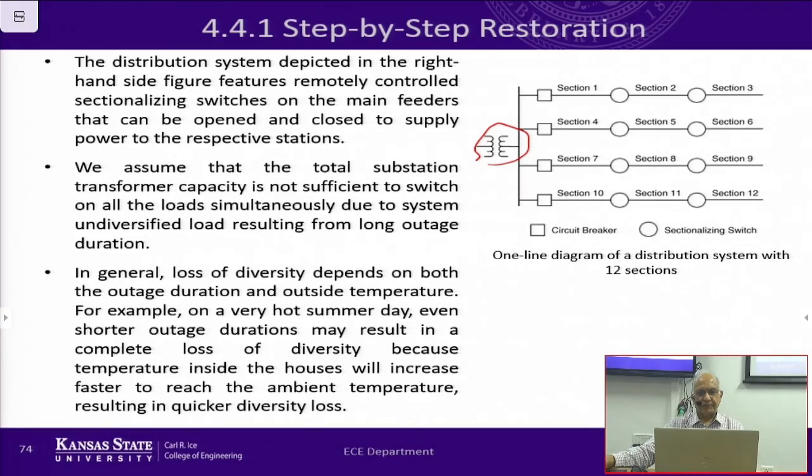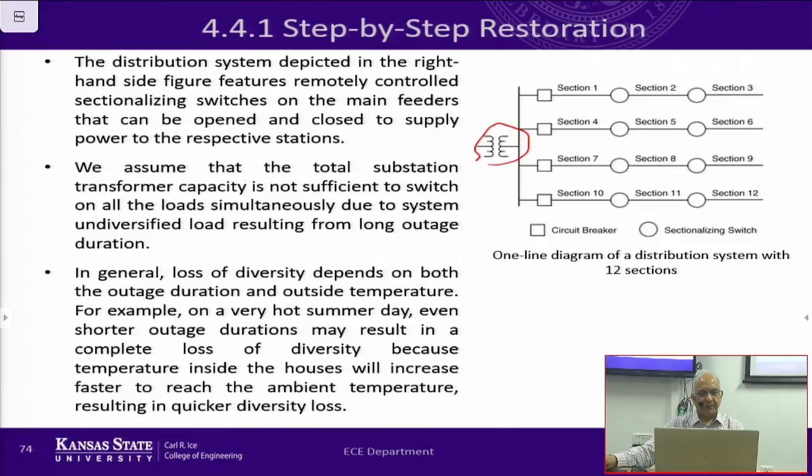So we have an option of closing these devices separately. And then what we are assuming is that these can be controlled remotely. So you don't want to do manual operation, but you have to do automatic operation.